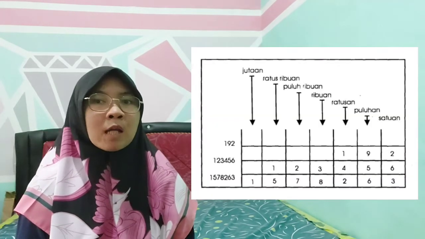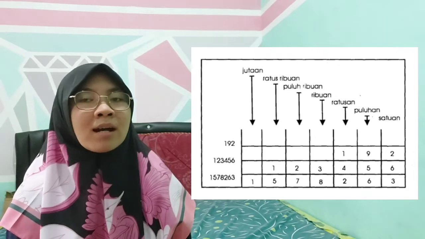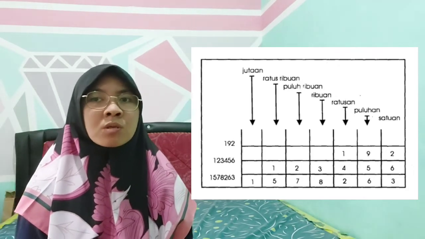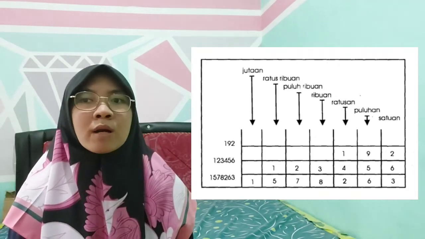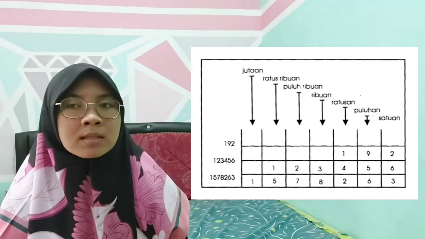For example, 789. 7 shows 7 sets of hundreds, 8 shows 8 sets of tens, and 9 shows 9 unit sets. Example: the following figures show the place value and numbers in 192, 1, 2, 3, 4, 5, 6, and 1, 5, 7, 8, 2, 6, 3.